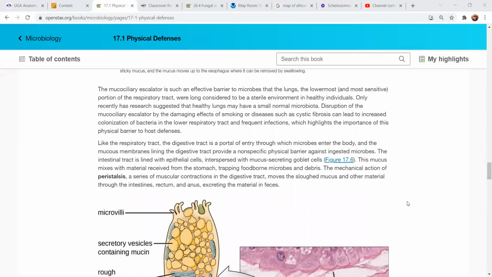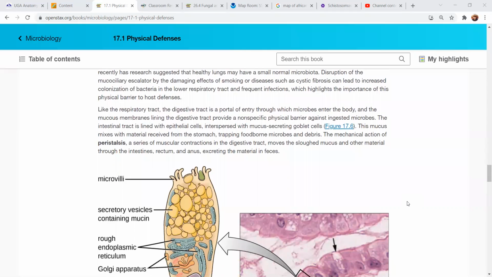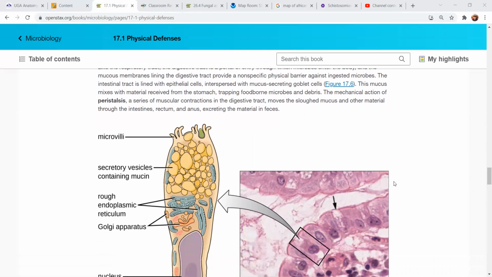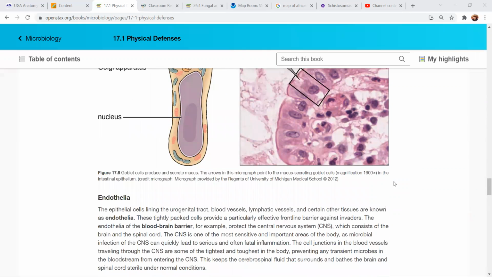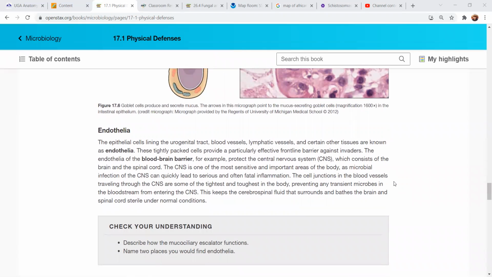In the digestive tract, of course, we know that there are a lot of illnesses that can affect the digestive tract. The mucous membrane that lines the digestive tract is a physical barrier. It also has goblet cells in there that help to secrete mucus and trap different substances. And then some of that material can be excreted in feces.